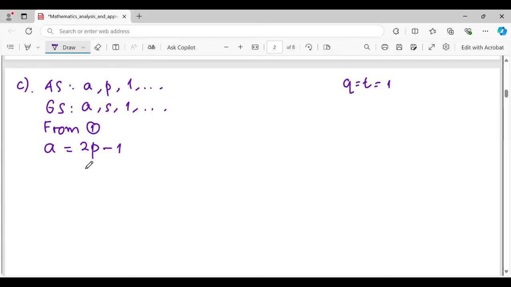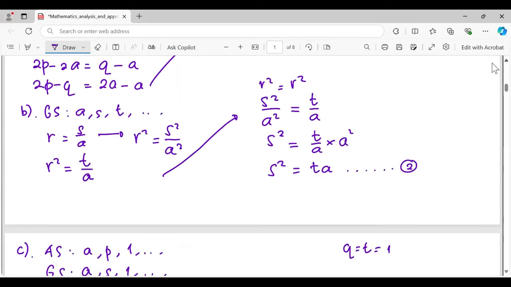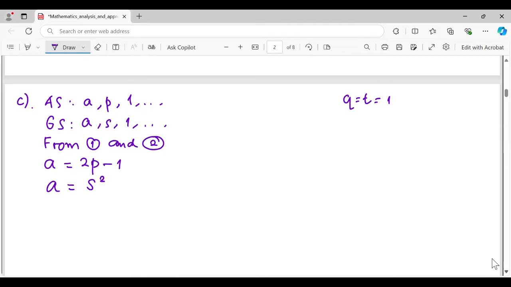And then from the second equation, if T equals 1, it means A equals S squared, because S squared equals AT, and 1 times A equals A. So A equals A, so S squared equals 2P minus 1.